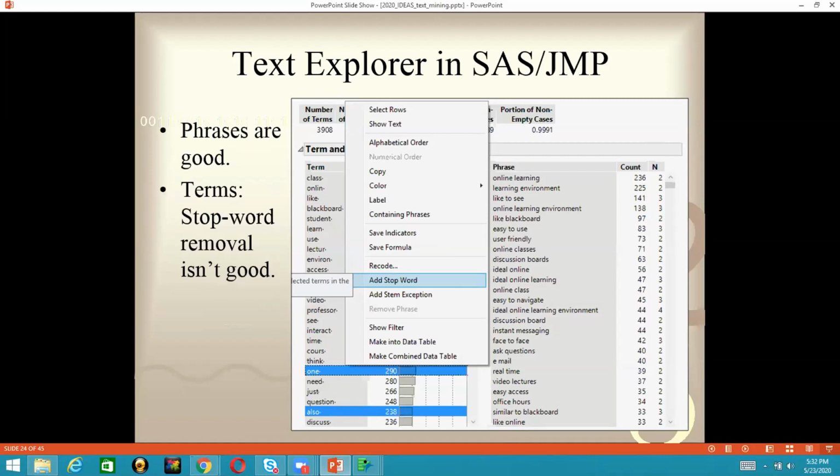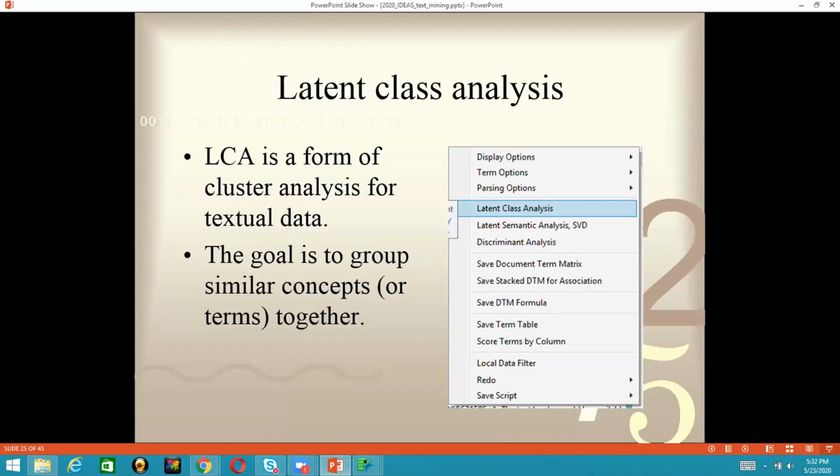I want to find out some common global themes, topics. Then I can use LCA, latent class. What's latent? It means not visible, as opposed to something you observe. When you condense what you observe into some latent constructs, then it's called latent class.